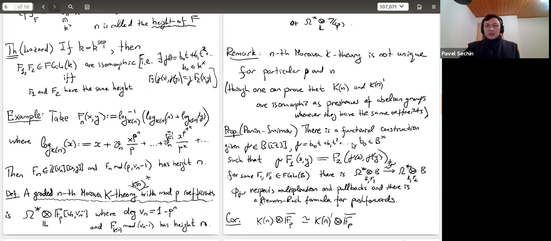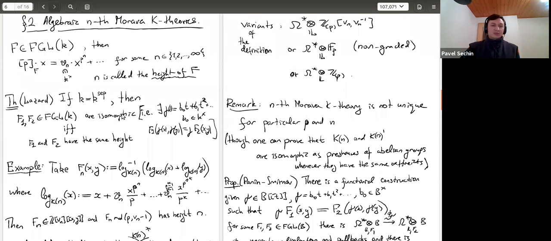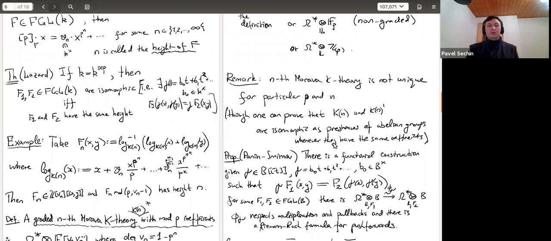What we will also need is to understand how the isomorphisms of formal group laws that already appeared here in the theorem of Lazard appear in the world of oriented cohomology theories.